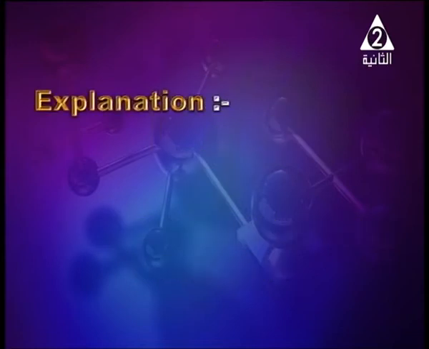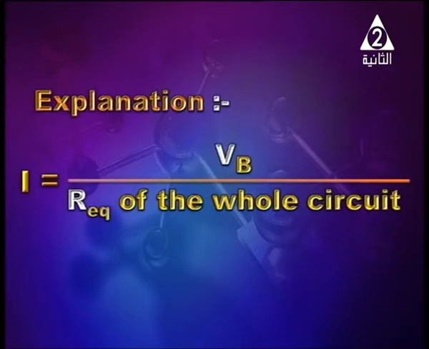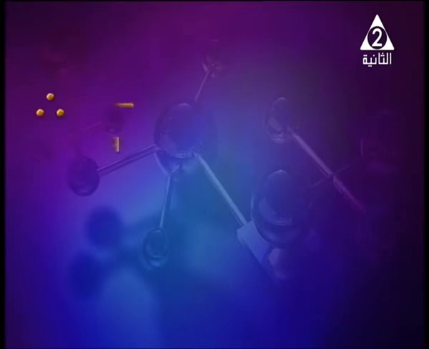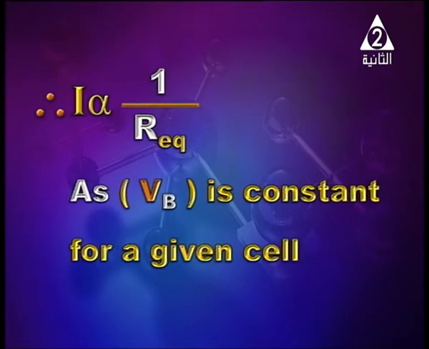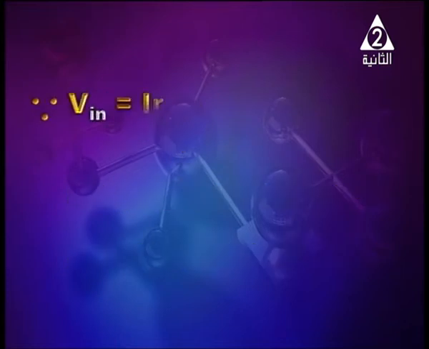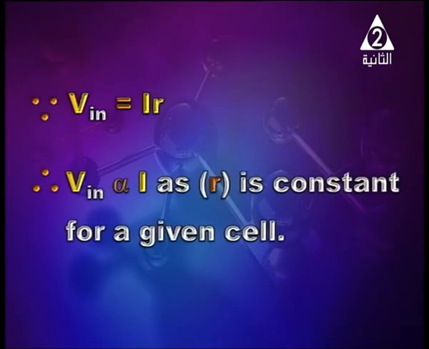Once again, the current through the battery is given by the expression V battery over R equivalent of the whole circuit. So the current is inversely proportional to the total resistance because V battery is constant for a given cell. V internal is equal to IR small, so internal voltage depends on the current.